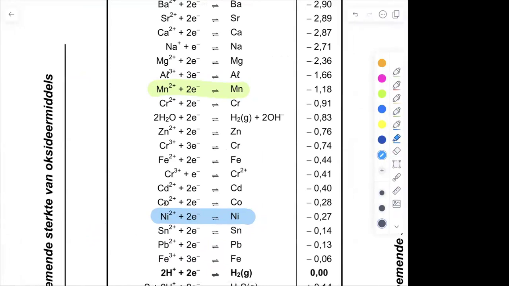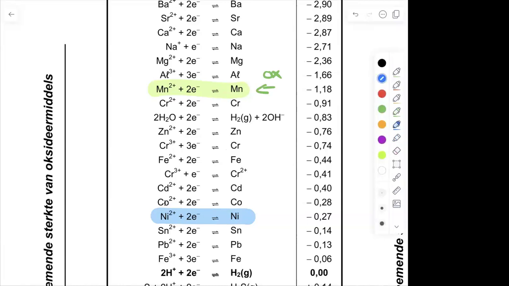On the left-hand side, as I go down, I get strong oxidizing agents, meaning strong reducing agents are more likely to undergo oxidation, loss of electrons. So this is going to undergo oxidation. So manganese becomes manganese 2+. That's going to be the oxidation.